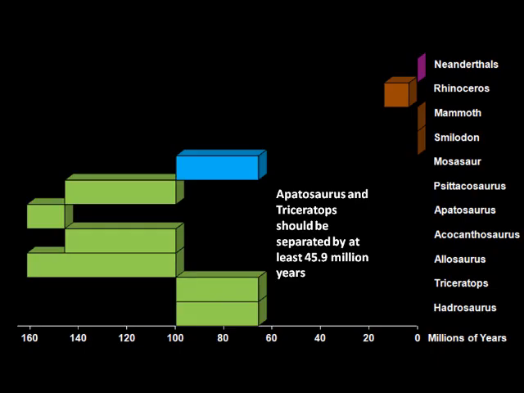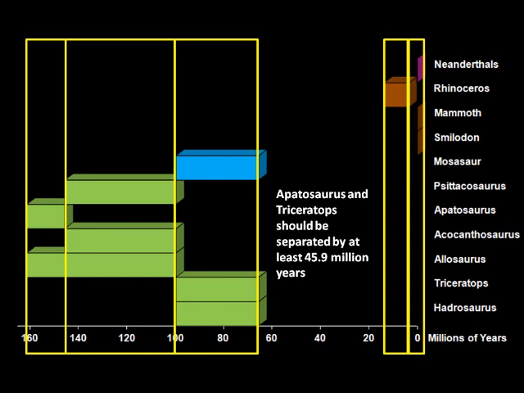I want to point out something to you. This is another graph. This graph lists the creatures that were carbon dated. And it's supposed to show the evolutionary age of when these creatures were supposed to live. Notice that the bottom scale is in millions of years. This is what we should find.